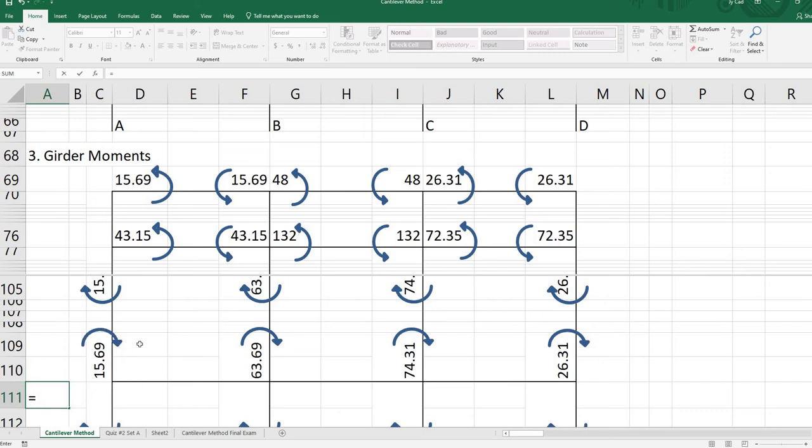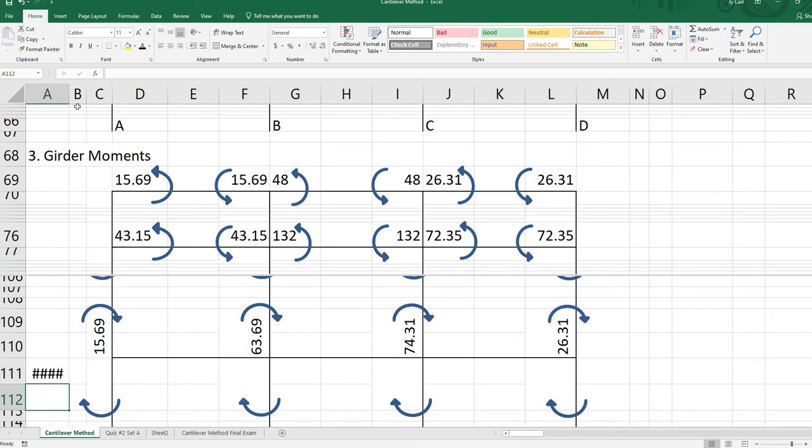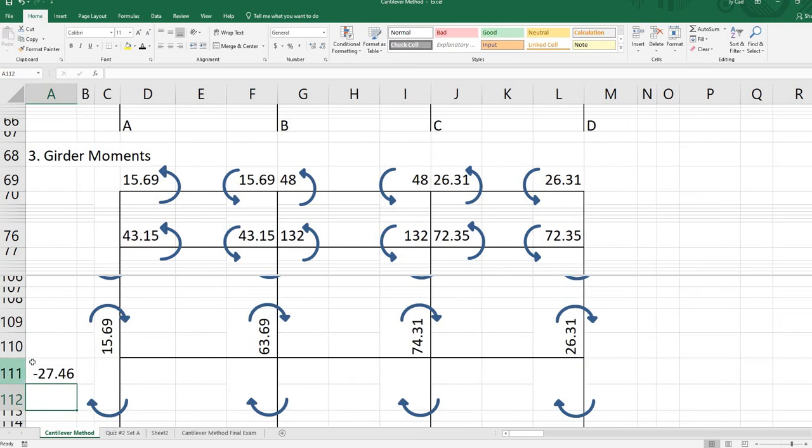Take note that this is clockwise direction. So, positive siya. Then, minus 43.15, which is counterclockwise. Kaya siya minus, ano? Is equal to 27.46. Ayan. Negative siya. Kaya counter, kaya siya clockwise direction.